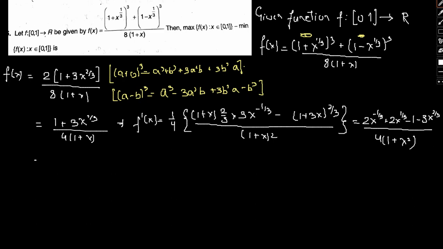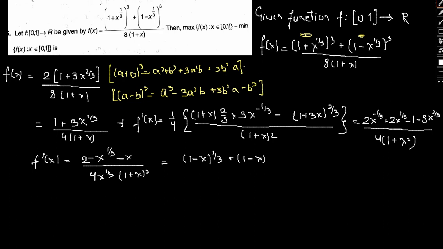Alright, further it can be simplified as 2 − x^(−1/3), sorry, 1 − x^(1/3) minus x, subsequently it will be given by 4x^(1/3)(1 + x)³ ... (1 − x^(1/3)) + (1 − x), over 4x^(1/3) + x².